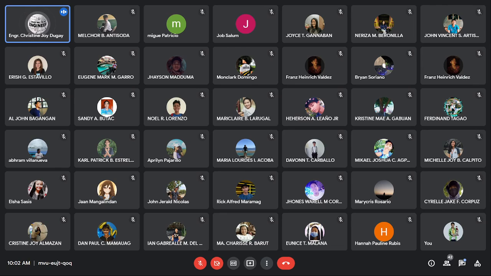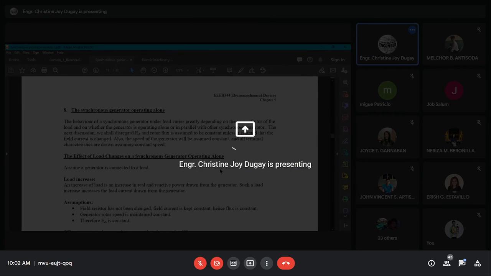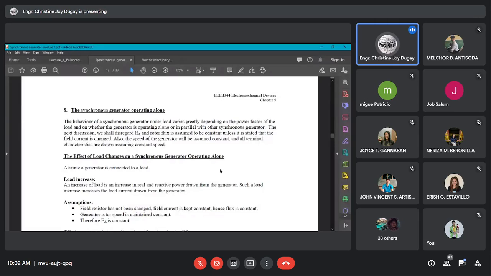So, if that is the case naman na operating alone lang yung generator natin, so the behavior of synchronous generator under load varies greatly depending on the power factor of the load and on whether the generator is operating alone or in parallel with the synchronous generator, no? So, we're going to disregard the value of RA, and the rotor flux is assumed to be constant unless it is stated that the field current is changed, no?